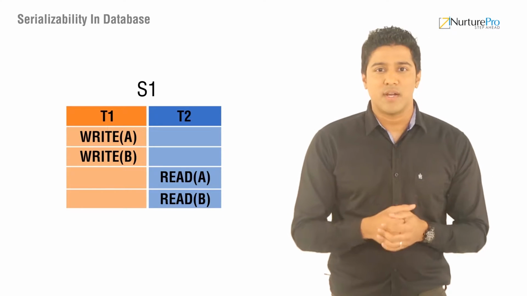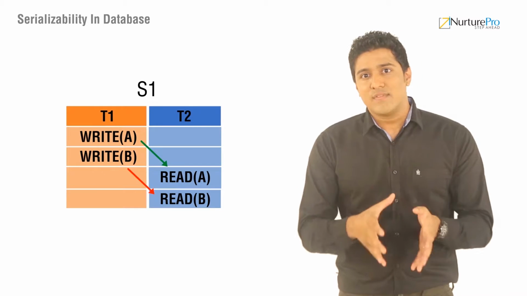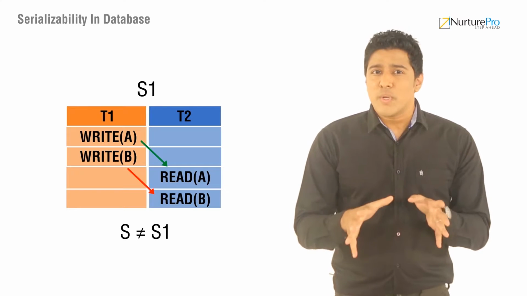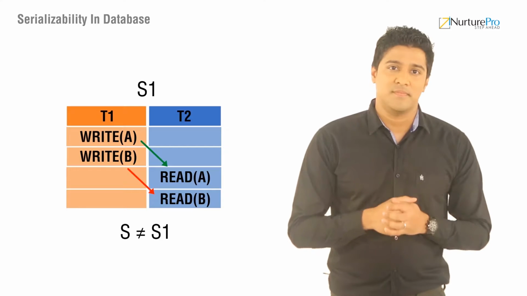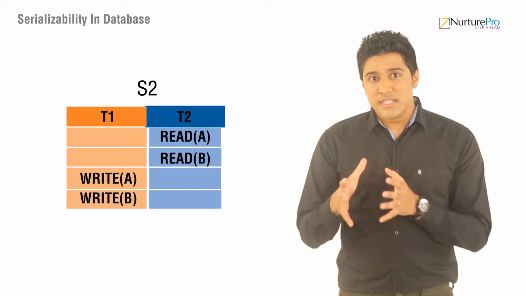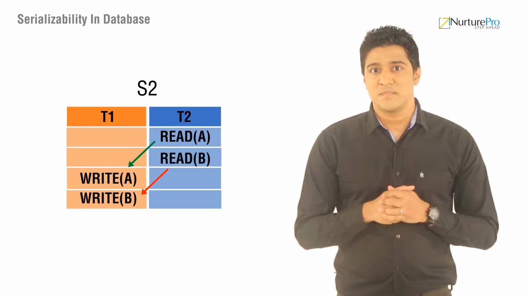In schedule S1, read B operation in T2 is executed after updating write B operation in T1. Hence, we can say that the schedule S is not serializable with S1. In schedule S2, read A operation in T2 is executed before updating write A operation in T1.